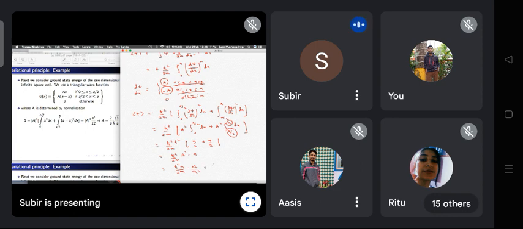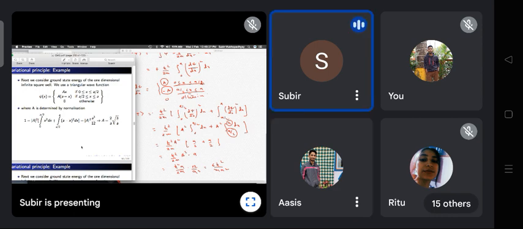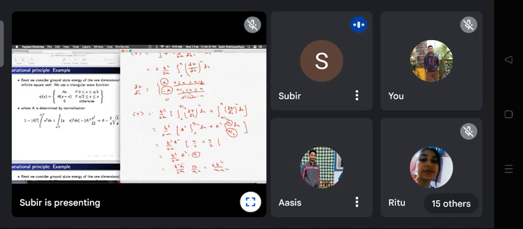That means we get 6 h bar square by m square. One more a is there in the numerator: h bar square, then this a, and then this capital A square gives 12 by a cube. So one a will cancel out, and I'll get a square. Is that correct? Yes, sir.